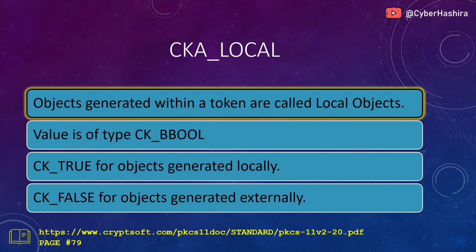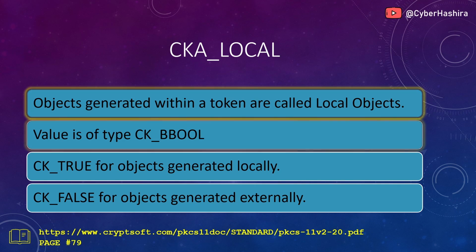The next attribute is called CKA local. If an object is generated within a token, then that object is referred to as a local object. It simply indicates that an object was generated inside a token. An object which was imported from outside is not considered a local object. For example, if you try to import a key which was generated using OpenSSL or some other utility, then that key is not local.